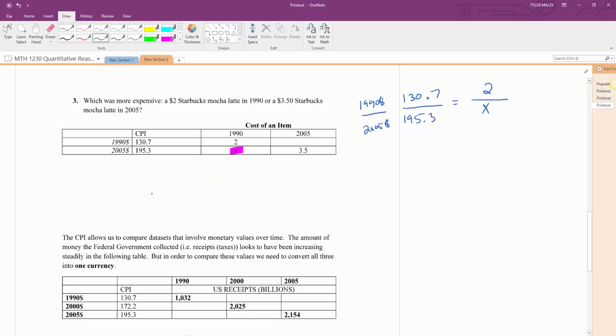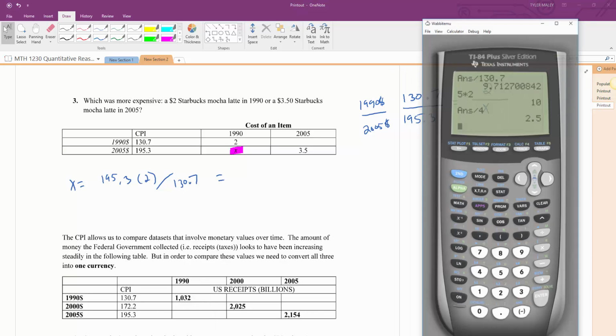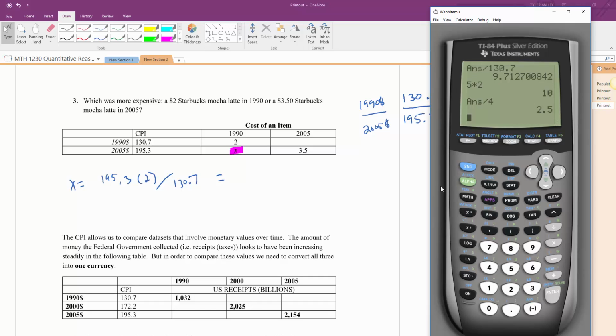Now if I set up and solve this proportion, x would equal 195.3 times 2, and then we would divide that by 130.7. So we can use the calculator really quick.